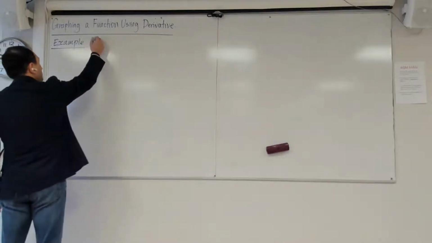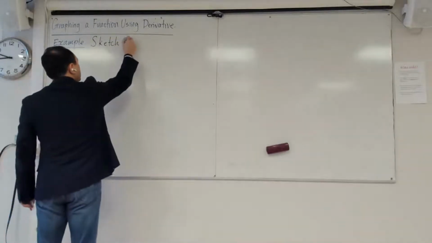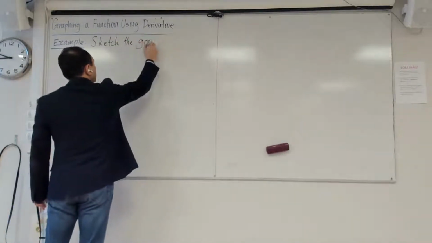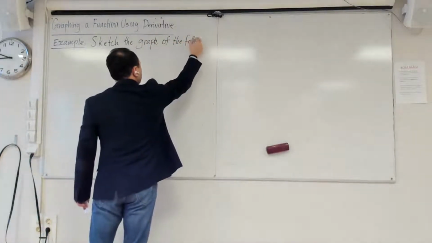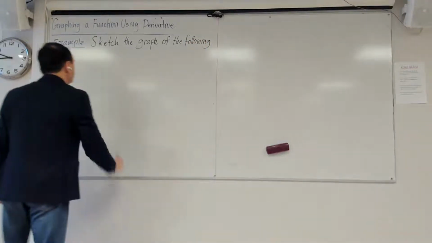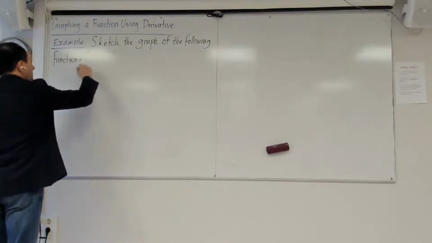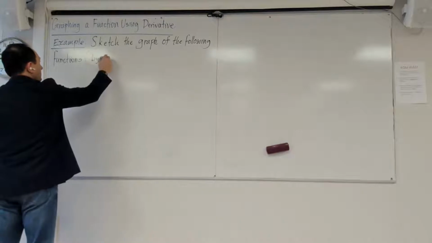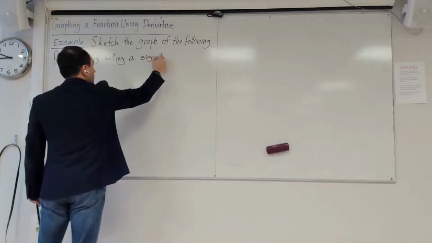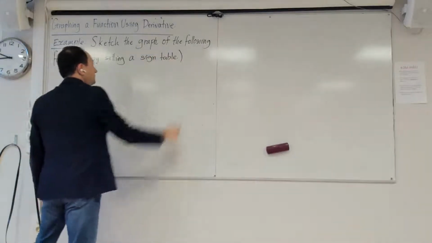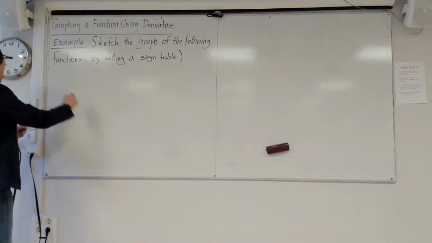So, sketch the graph of the following function by setting up a sign table. Of course, let me emphasize: even if I don't write this for this question, I always mean it.